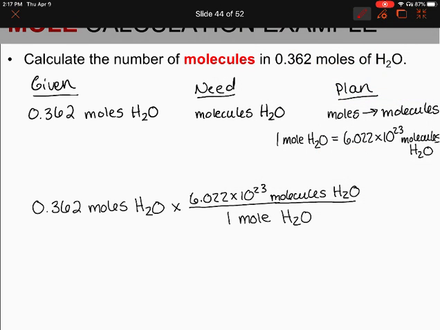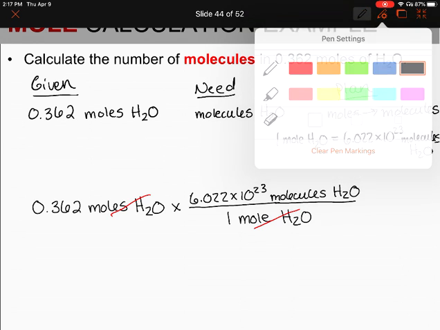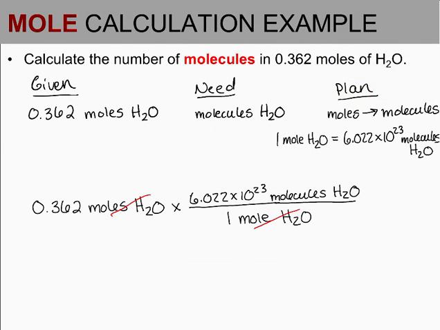So let's show the units canceling. And if we simplify this, we end up with 0.362 times 6.022 times 10 to the 23rd, and our final unit will be molecules of H2O.